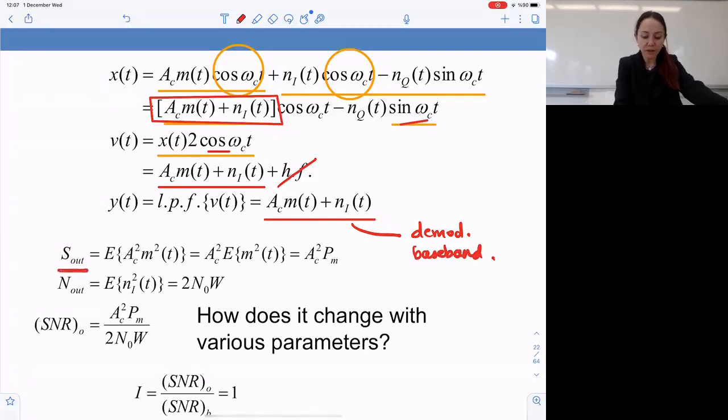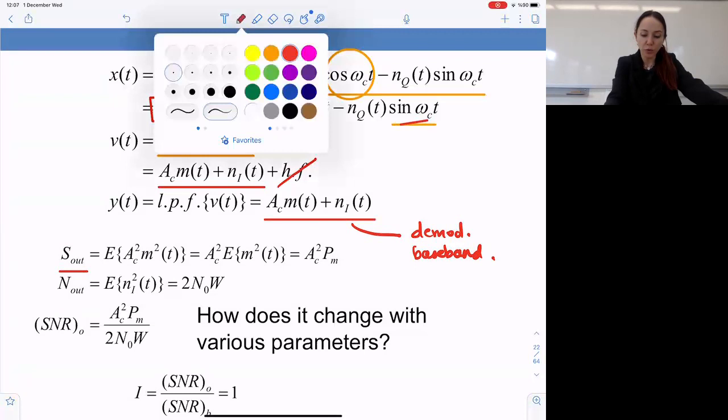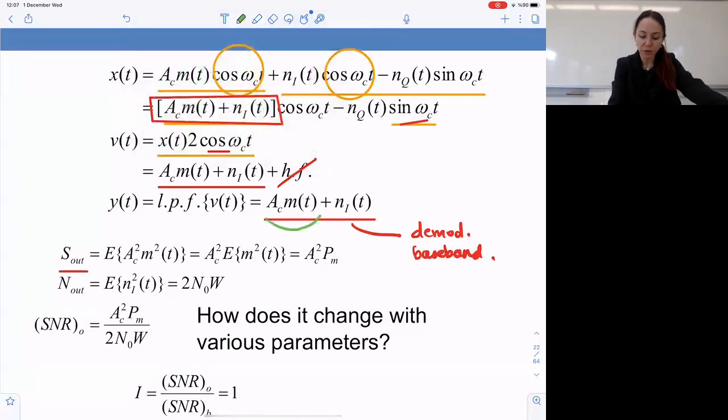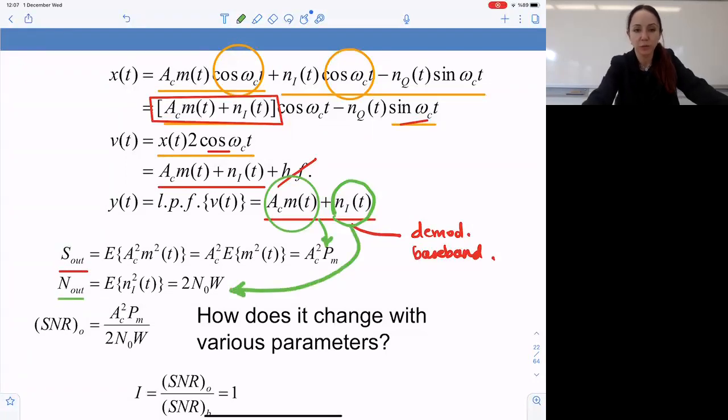So what is the signal energy in the output? The output is composed of signal plus noise. The signal energy in the output corresponds to this component. It's A_c squared P_M. And the noise energy in the output is 2N_0 W. Remember, we already computed this before.